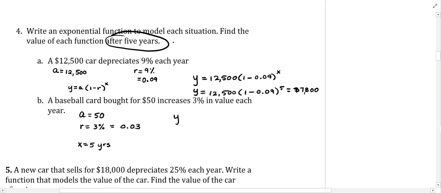All right, so the function is going to be y equals, oh, this is an increase. So this is going to be growth. One plus r. So y equals 50 times 1 plus r, and then you substitute into the equation to find the answer.